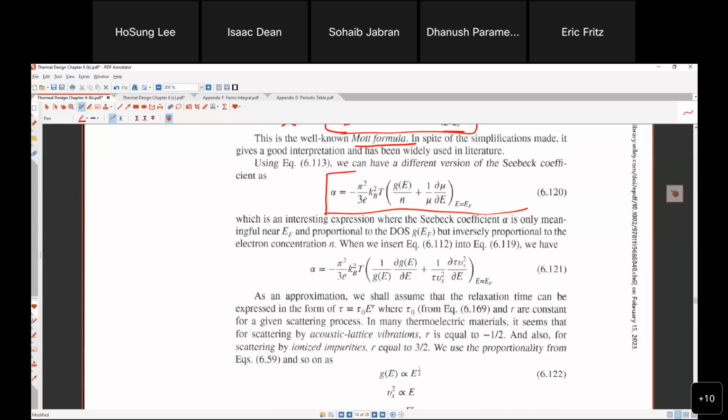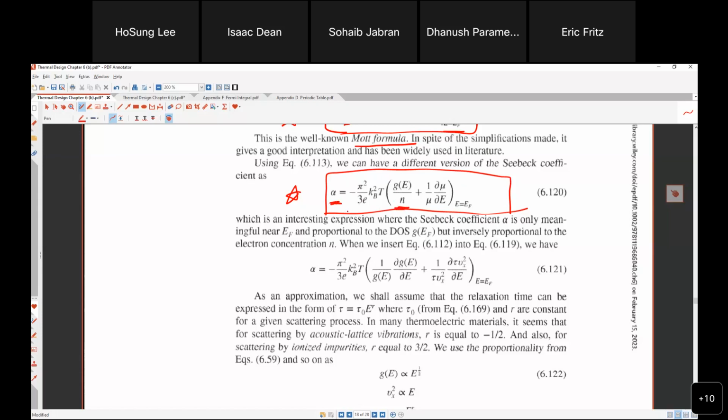I think this indicates even more than that. Seebeck depends on the density of state. More density of state is better. But the electron concentration, or Hall electron concentration, is inversely related, some information.